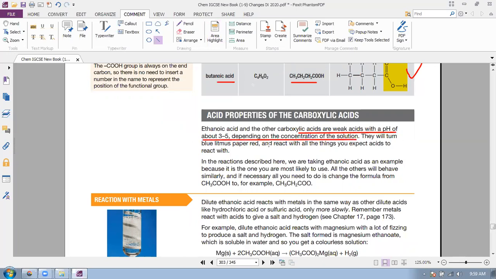They will turn damp blue litmus paper red. They react with metals to form metal salt plus hydrogen. They react with metal carbonates to form metal salt plus carbon dioxide plus water. They react with alkali to form salt and water.